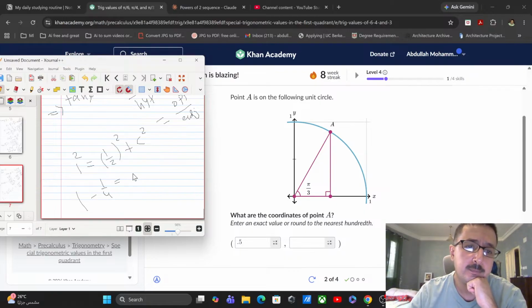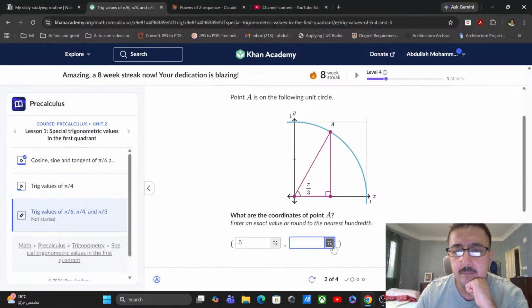That's equal C square, which gives me 3/4. So it's square root of 3 over 2. I'm gonna go with that.